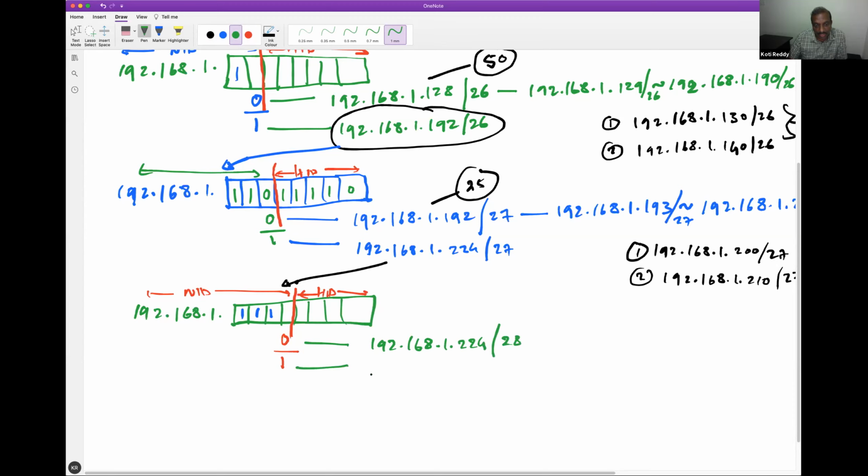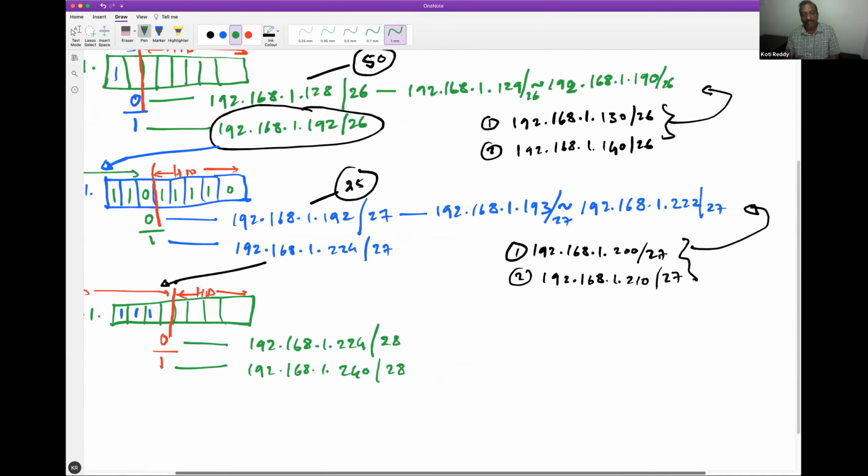Second network ID would be 192.168.1. All ones, I get 240/28. So these two are mutually exclusive again. So in this, what's the range of the first host now? 192.168.1.225/28.